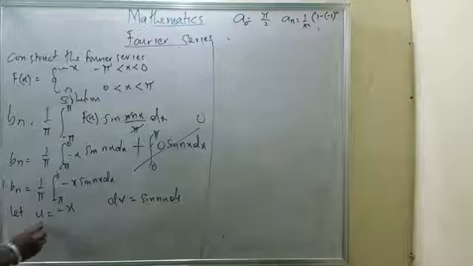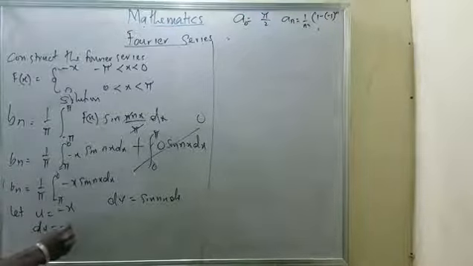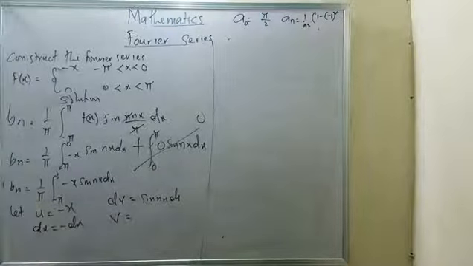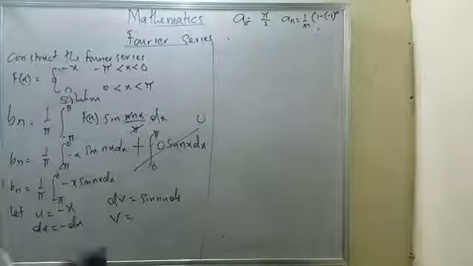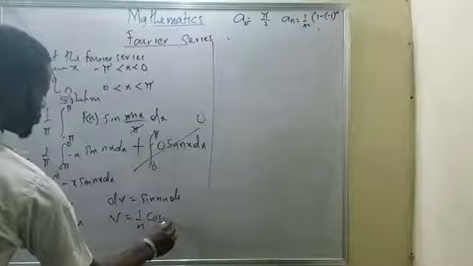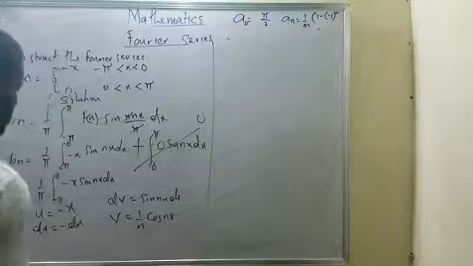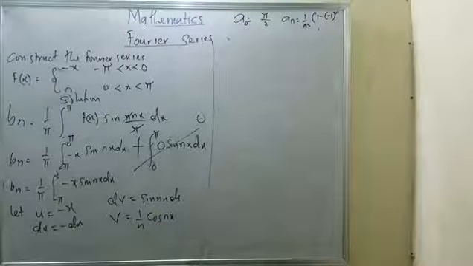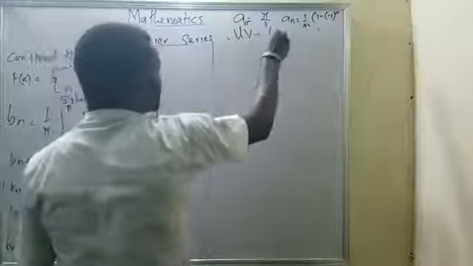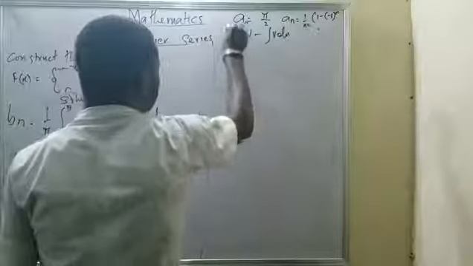Since I have this, u equals minus x, and my v will be equal to minus 1 all over n cos nx. With the help of my integration by parts, which I've introduced, my integral is always uv minus integral of v du. Please don't forget that. It's very important.